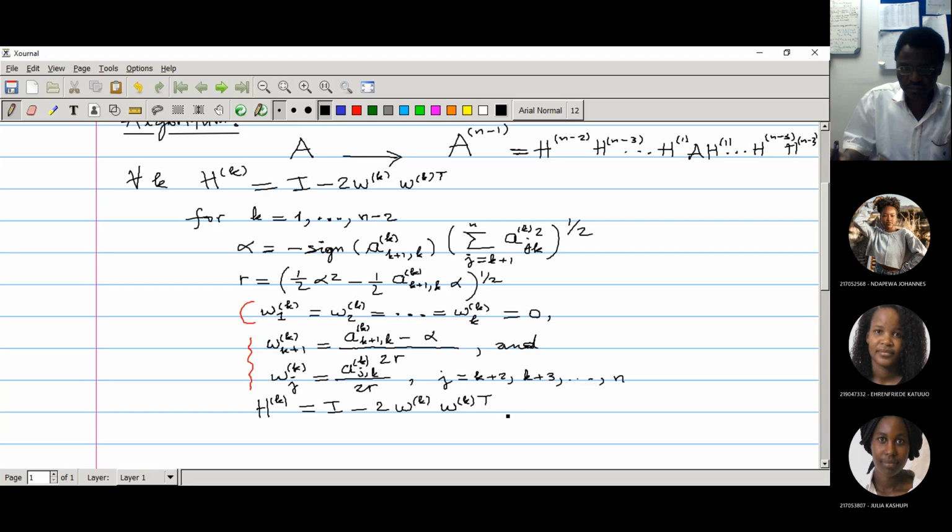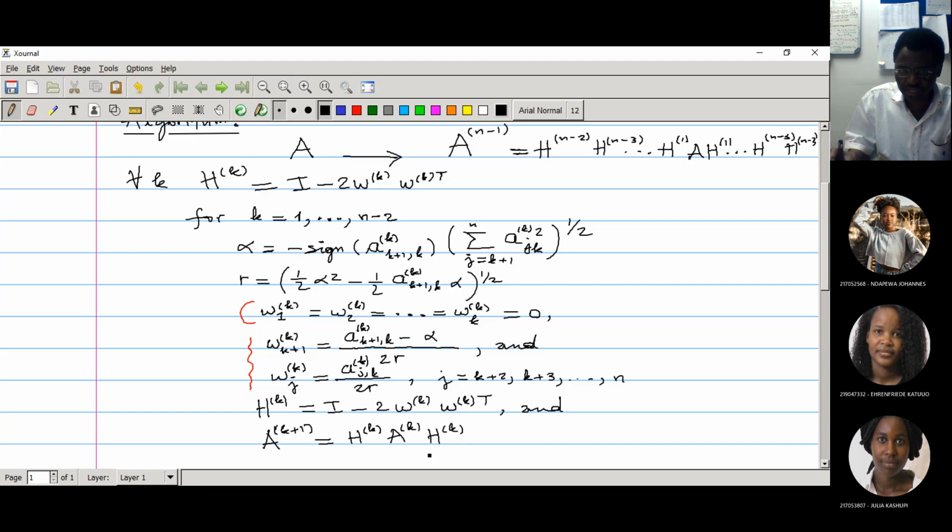And finally, we compute the A. So A_{k+1} will be H_k, this previously computed H_k, into A_k and H_k again.